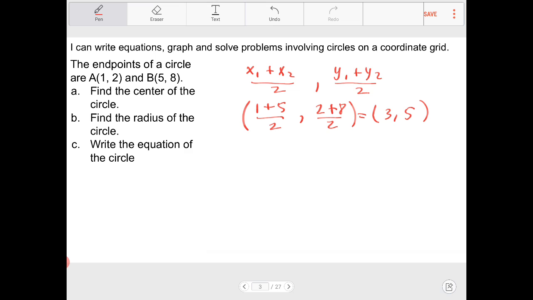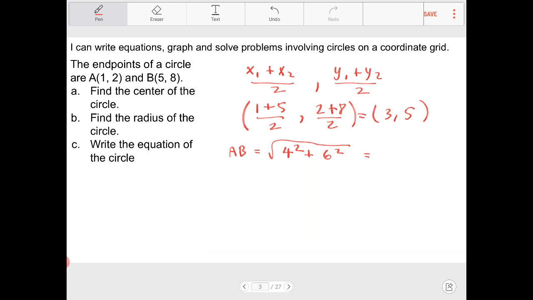Next, we have to find the radius of the circle, and there are a couple of ways of doing this. You can find the distance between the midpoint and the endpoints of the diameter, or you can work directly from the diameter and then divide by 2. Either way will lead you to the same result. I'm going to go with A, B, the endpoints of the diameter. For the length of AB, the change in x is going to be 4, and the change in y is going to be 6.